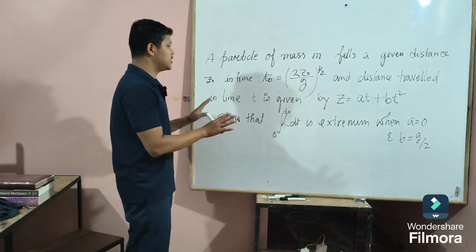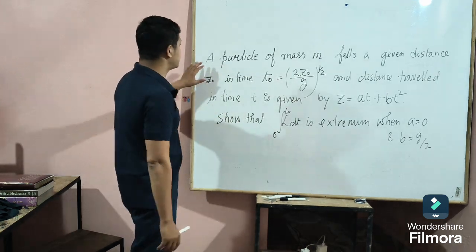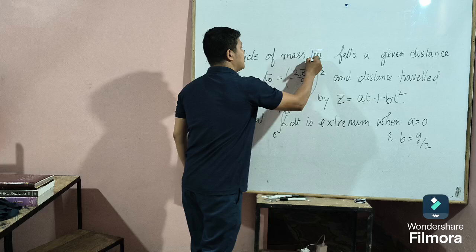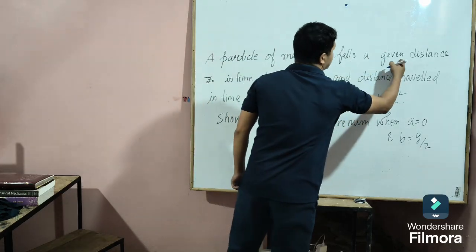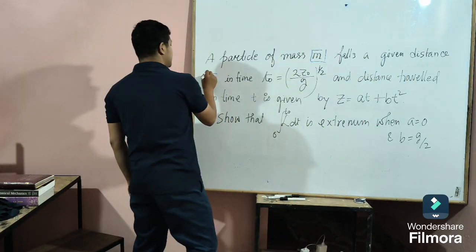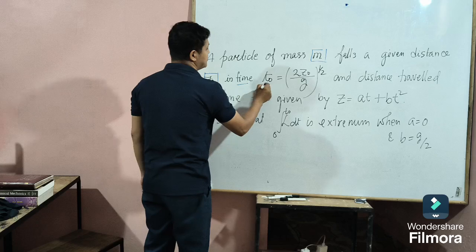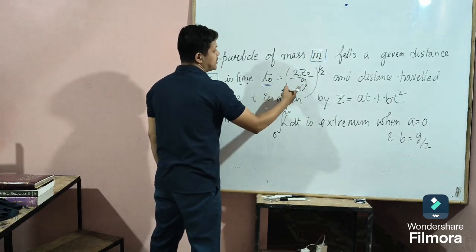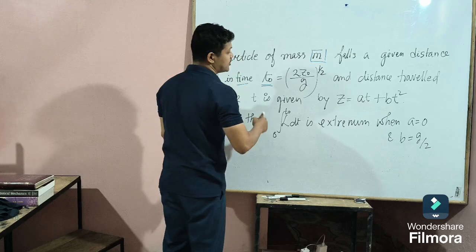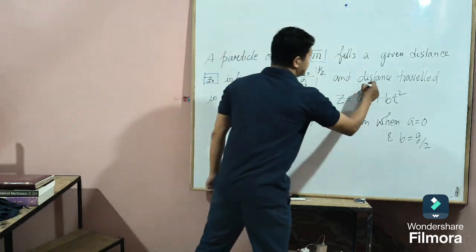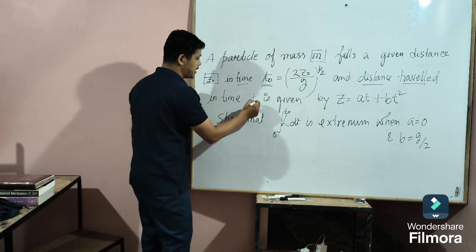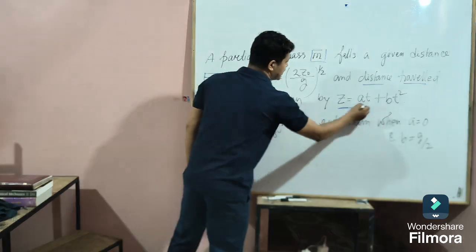Okay, so now let's solve this question. So what is the question here? A particle of mass m falls a given distance. That distance is z naught at time t naught. This time is given by (2z naught by z) whole to the power half, and the distance traveled by that particle while falling down is given by this equation.